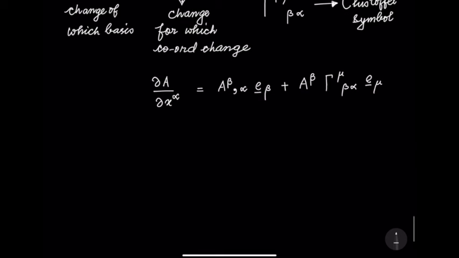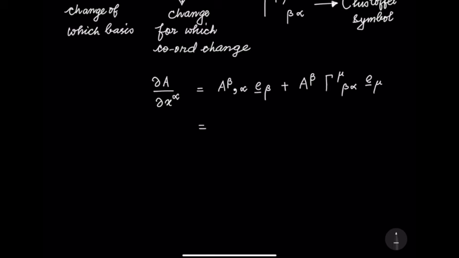But then you see in the second term, both mu and beta are summed over. It appears once upstairs, once downstairs. And when something is summed over, it doesn't matter what I write for it. So I can actually interchange beta and mu.